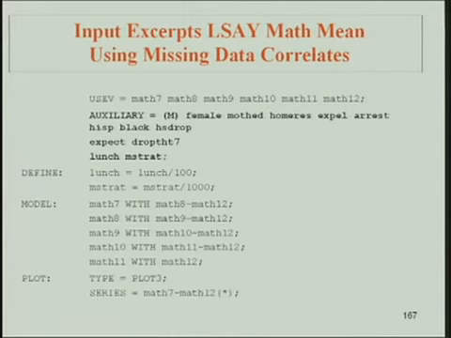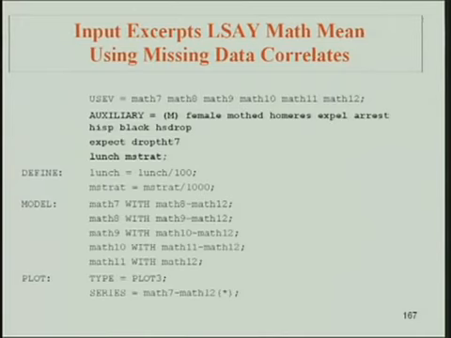So it's actually LSA over grades 7 through 10. You have a statement auxiliary, meaning let's bring in missing data correlates, variables that are not part of the model. They're not on the use variable list, but that we think might be related to missingness. So we have auxiliary parenthesis M for missing, and then a whole list of variables.